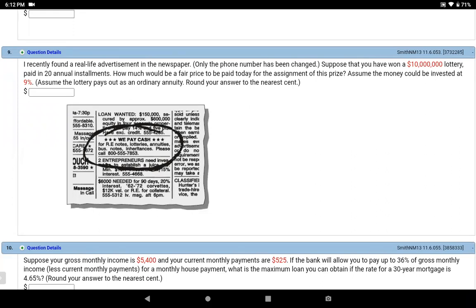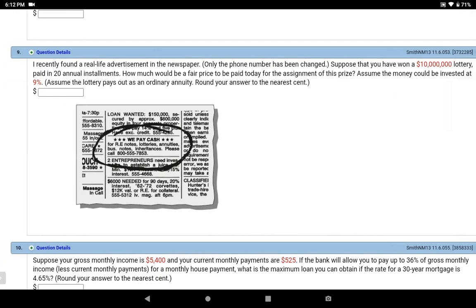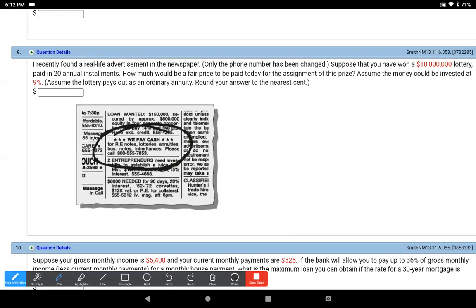Okay, so what we're looking at then, let's see, we've got a $10 million prize. Let's first get the pen, that'll be helpful.